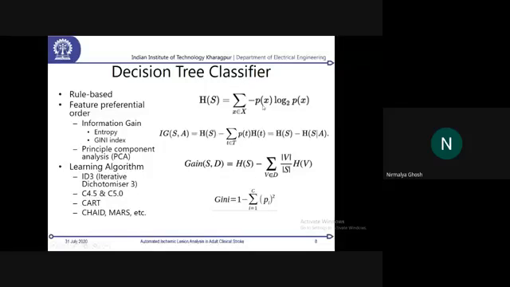Now, minus p(x) times log base 2 of p(x) is the entropy for that class. If we take the summation over all such class entropies, we get H(S). H is the entropy term, S is the entire data set. This is the entropy of the entire data for that type of classification.